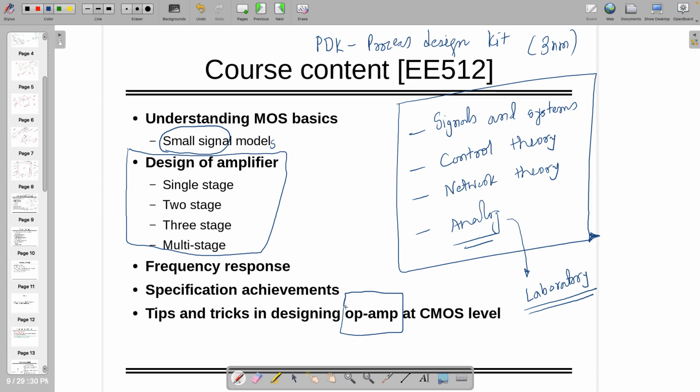Understand that what I am speaking in class may not work when you design on different PDKs. If you are designing with, let's say, 350 nanometer, it's very easy. Whatever I am saying, it will work. At 180, things are getting worse, and at the level of 28 nanometer, you will not be able to design anything, or you have to invent some technique by which it will work.